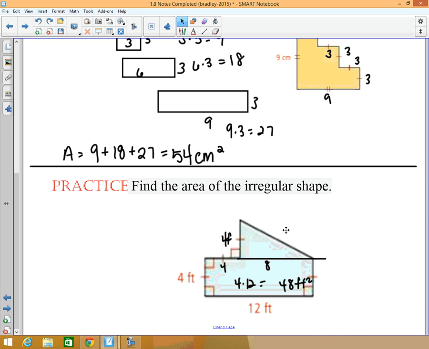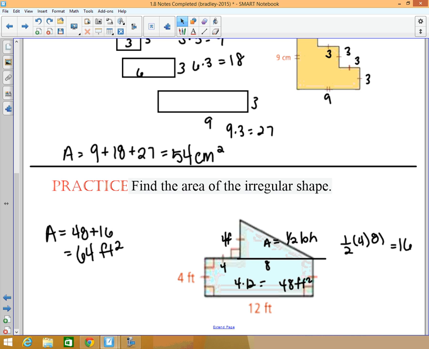And then this is a triangle, and its area is equal to 1/2 base times height. So that's 1/2 times base 4 times 8. 4 times 8 is 32, divided by 2 is 16. And so the area for this irregular shape will be 48 plus 16, which is 64 feet squared.